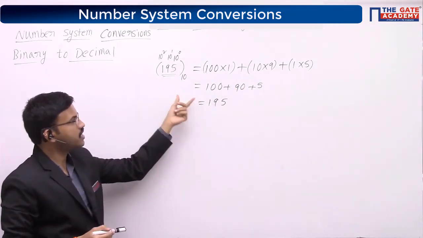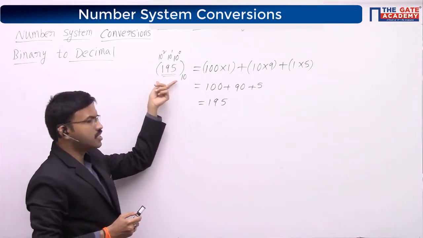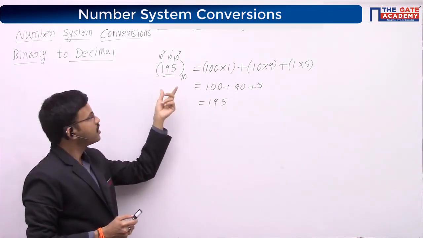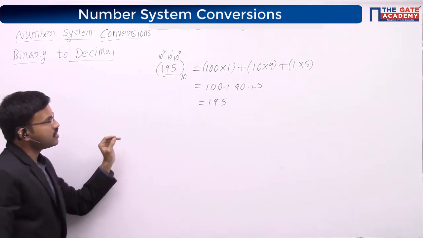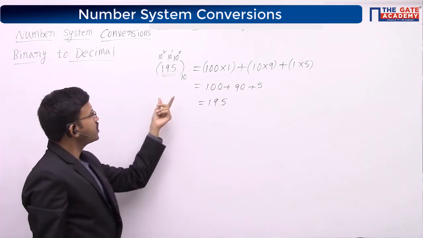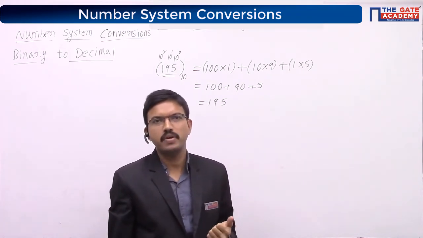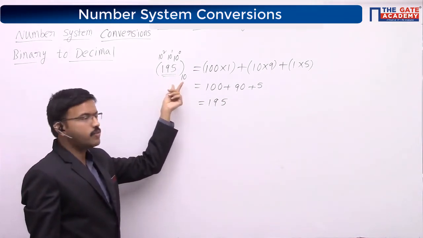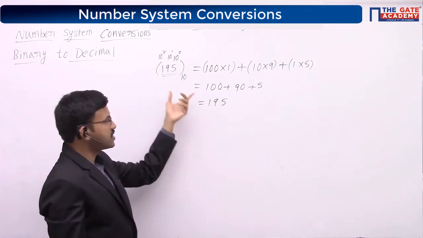Because here the base is 10, that's why we are getting like this. Whenever you have a decimal number, by looking at the digits we can call out the equivalent value. Suppose here 195 is there, that one we call 195. But suppose you have 2, 3 of base 8, we cannot call that number directly 23, because the equivalent value will change. Here we have the decimal number, that's why the base is 10. After multiplying with the respective position weights, we get the same resultant number.